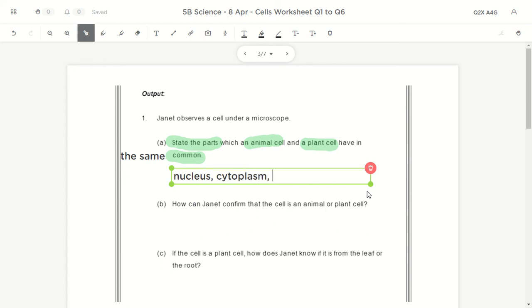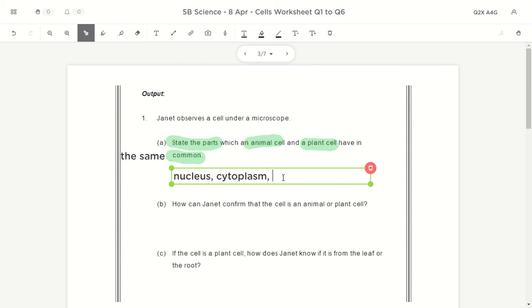Do both have chloroplast? I know plant cell have, but animal cell no. So I'm not going to write chloroplast. Okay, let's rewind back again. Let's start from the center of the cell. Both cells have nucleus. Yep. Both cells have cytoplasm. Yep. Both cells have chloroplast. No. Animal cells don't have chloroplast. Plants have chloroplast.